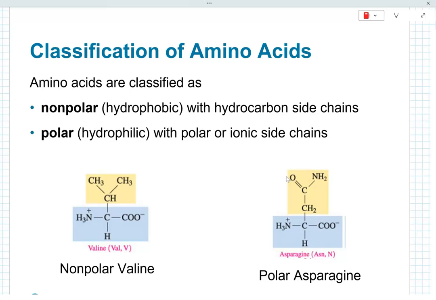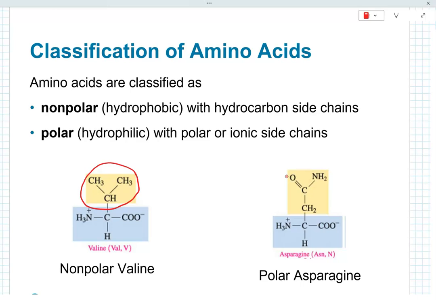amino acids are classified based on the polarity of their side chains. If the side chain is, let's say, aliphatic, basically a hydrocarbon attached to the rest of the molecule, it is nonpolar.